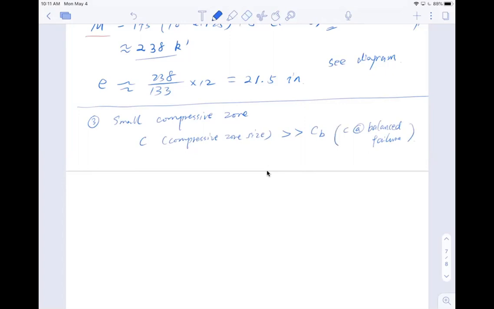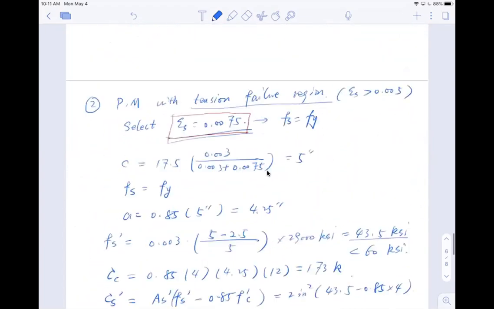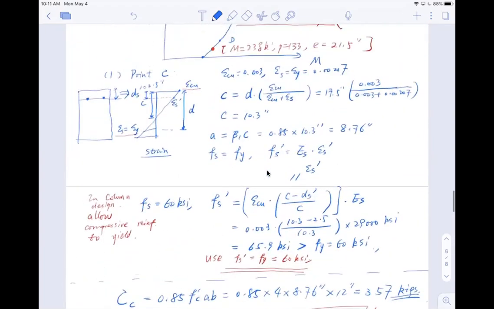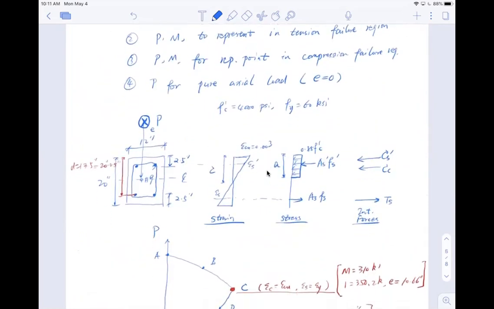So we don't have an idea what is appropriate C to select. So let's go back and take a look at the section. Now, my section looks like here, okay? And notice that my section has a height h equal to 20 inches and depth d equal to 17.5 inch.